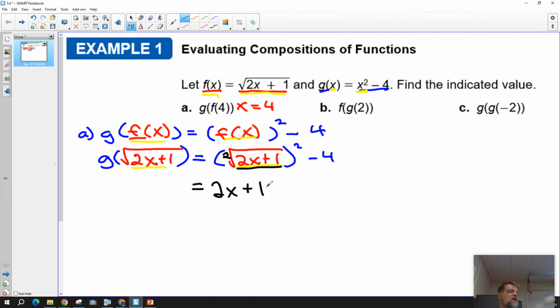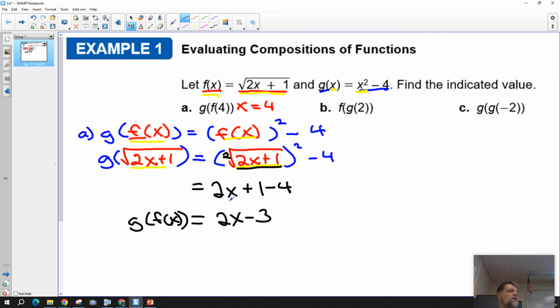And then we tack on our minus 4. So then I get 2x, what's 1 minus 4? Minus 3. So g of f of x is 2x minus 3. Isn't that neat how that messy stuff cleans up to just be 2x minus 3.